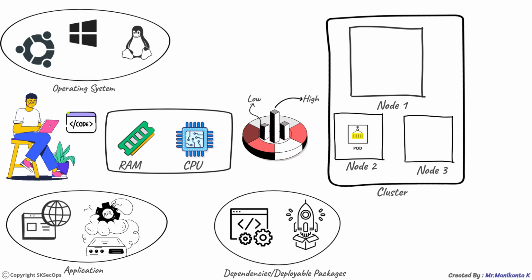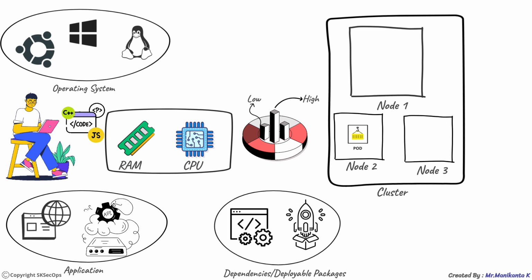For example, let's say the first pod is placed on node 2, as Kubernetes assigns the pod to a node. Now, let's see what resource requests and resource limits are and why we need them.